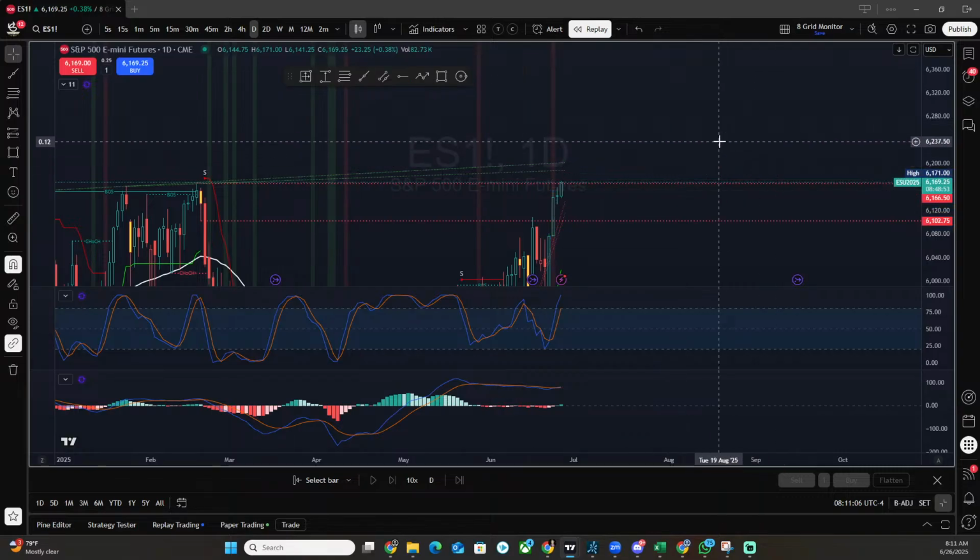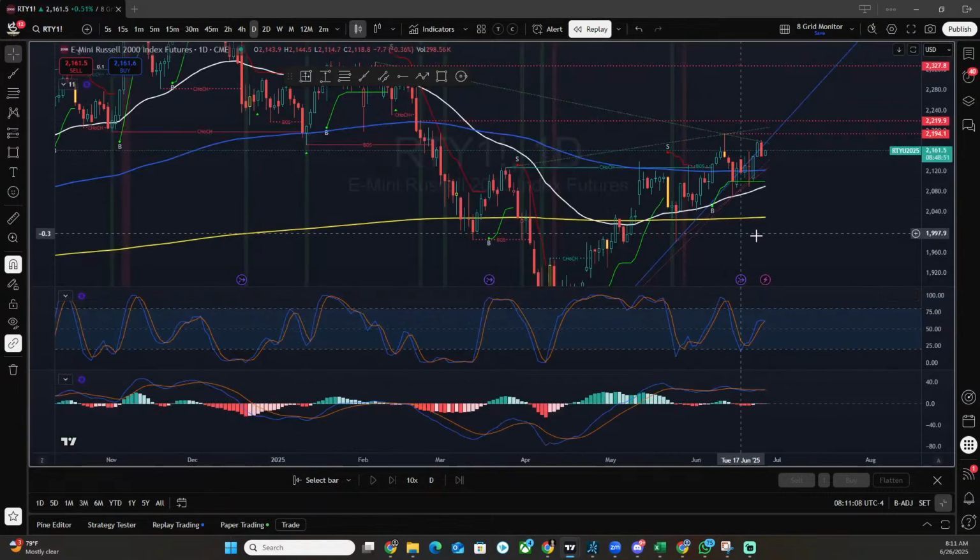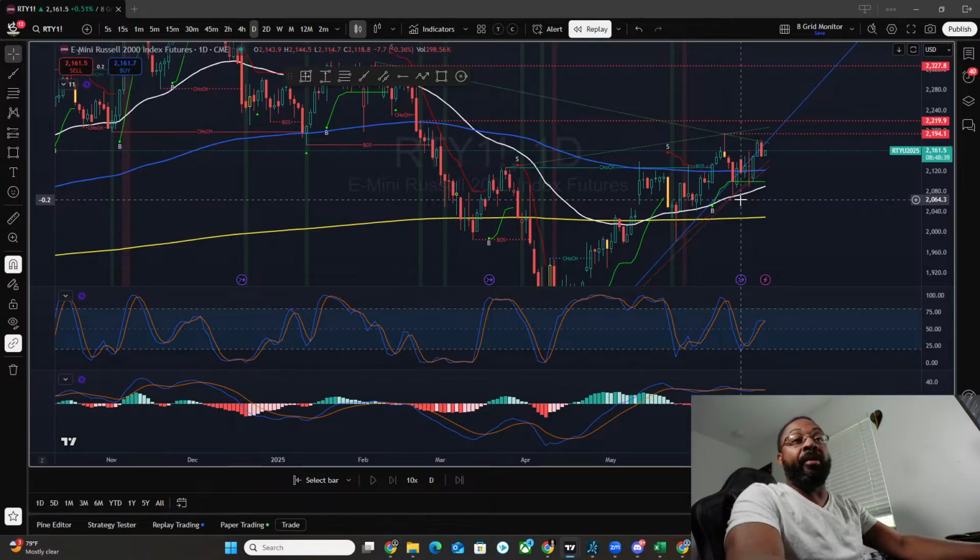All right, and then the next one is the Russell. Russell, you can see they're pulling, and I've explained this before. If the market on NQ is moving up and it's making a nice little push to that side, look for Russell to start to drop, because these are your smaller caps.